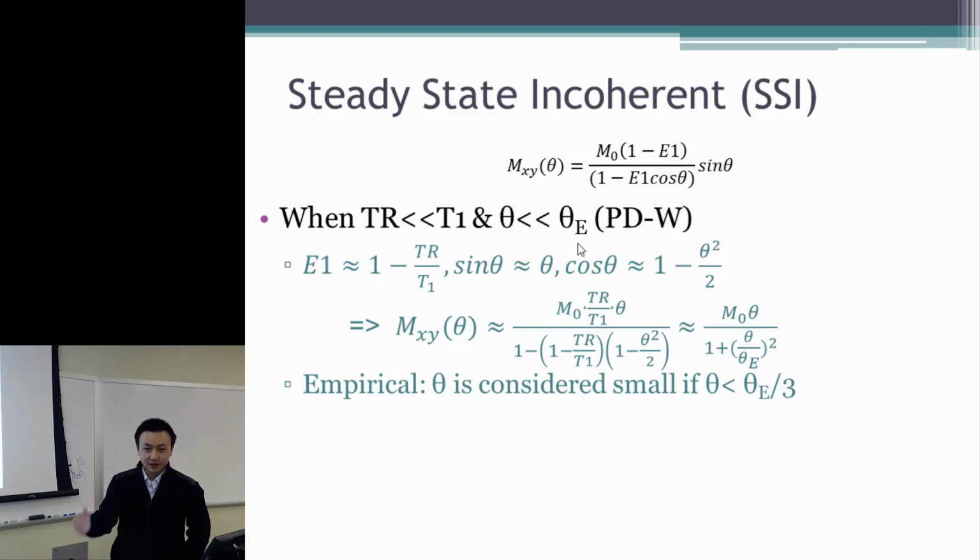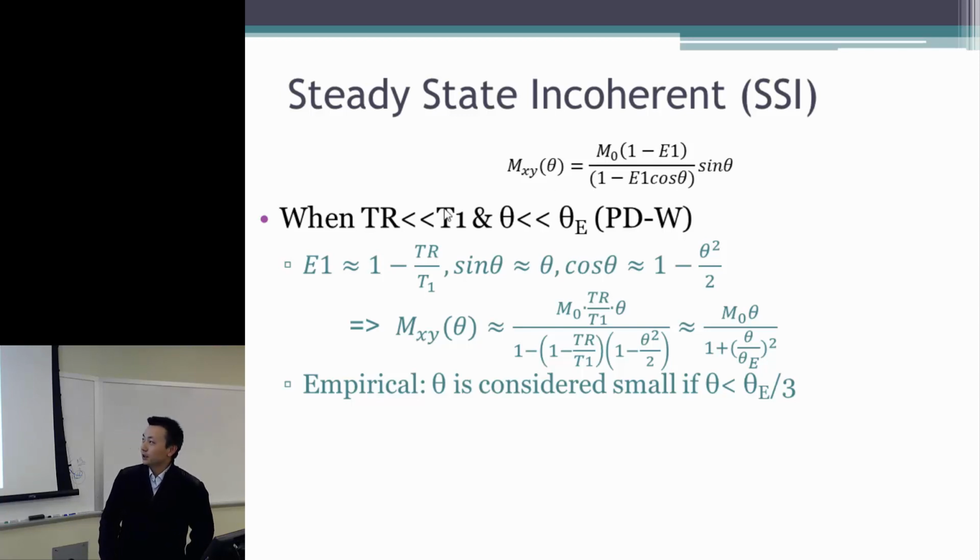Oh, I should have said Ernst angle sooner. So Ernst angle is introduced in the next slide. So let's say we know the Ernst angle. Ernst angle is the angle at which you can obtain the highest signal given the T1 value and the TR value.